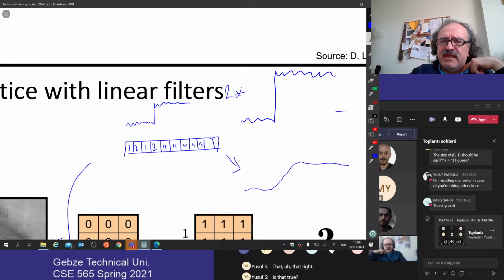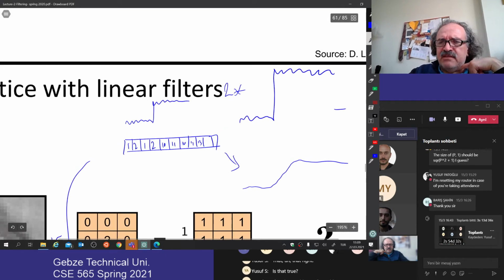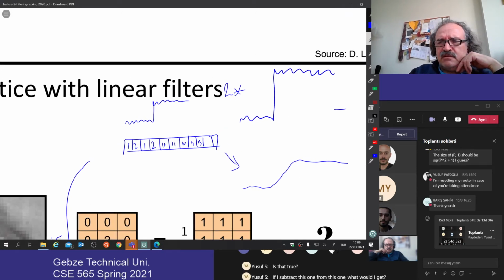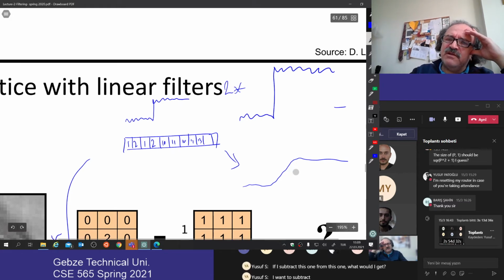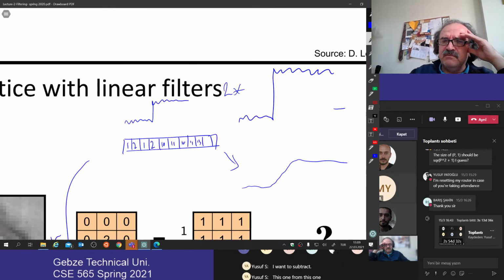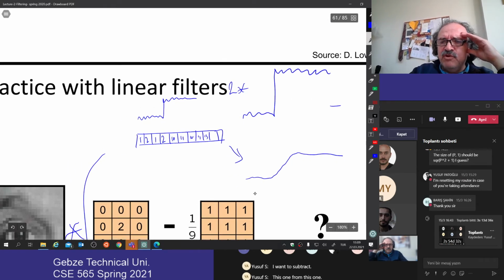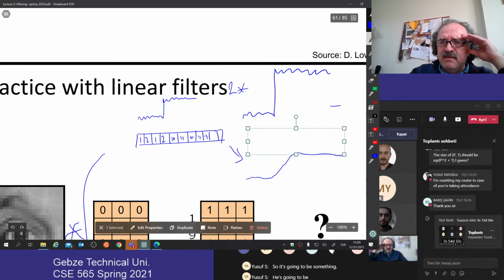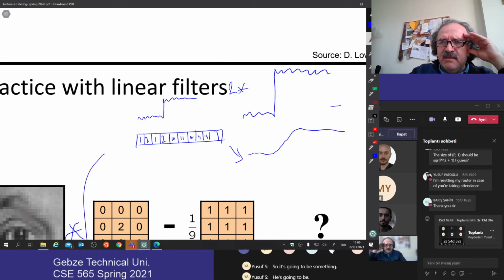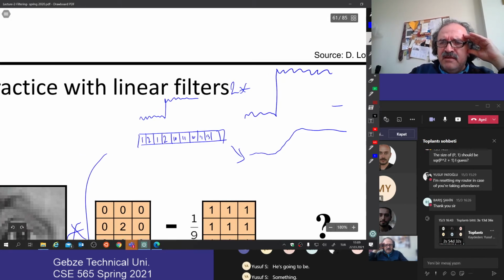If I subtract this one from this one, what would I get? I am going to subtract this one from this one. So it's going to be something, this minus 1, kind of smooth, but when I come here, it's going to be like that and smooth.